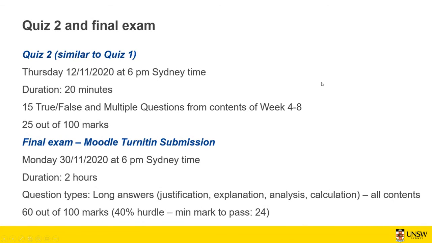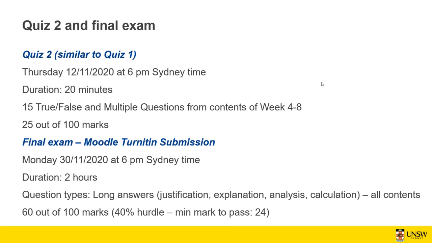Okay, so quiz 2 is going to be similar to quiz 1, and we are going to run it at the same time on Thursday at 6 p.m. on 12th of November, which is in week 9. And the duration is going to be 20 minutes, so I put another 5 minutes, so you have enough time to answer all the questions.